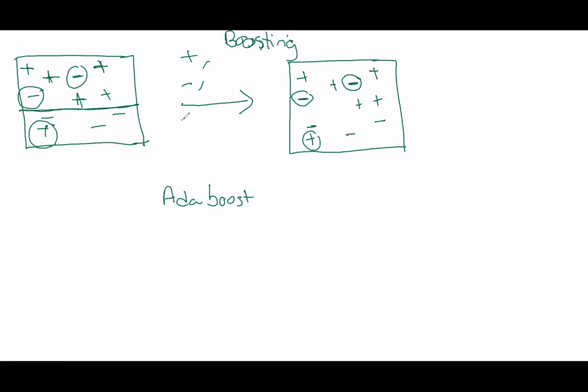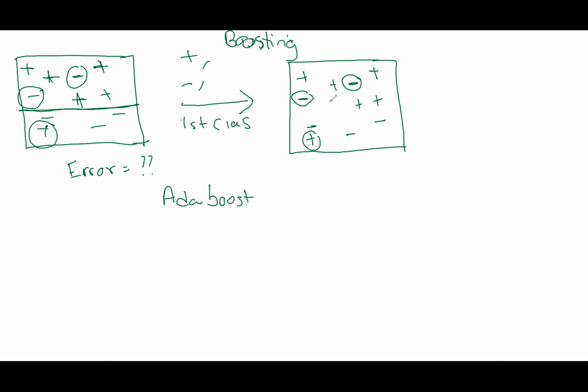So this is your first classification, right? In the first classification, you get these results, and then you see where the error is mainly contributed from, which misclassified observations. Anything which has these misclassified observations, we give more weightage to it.